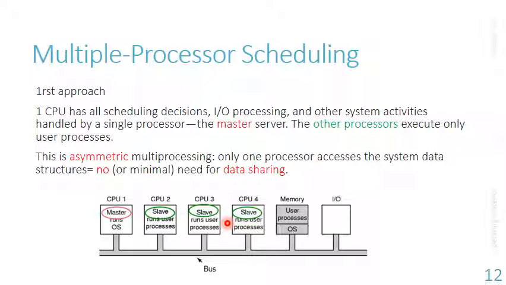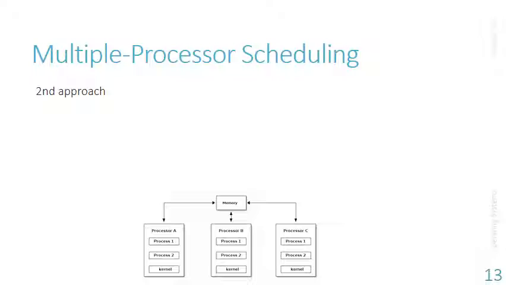Bon, bref. If there's an asymmetric multiprocessing, what would be the second approach? Naturally, a symmetric one. So we can have different CPUs with the same level, being at the same level.